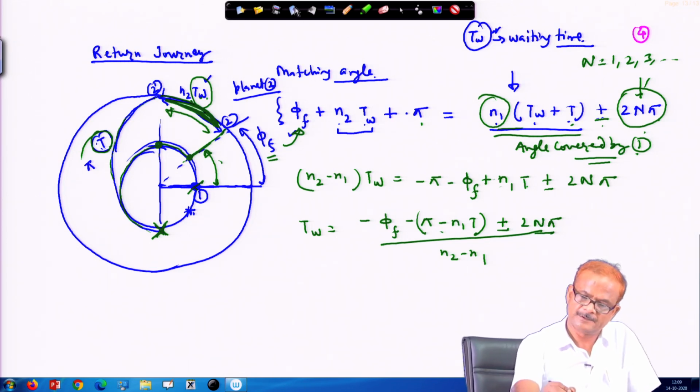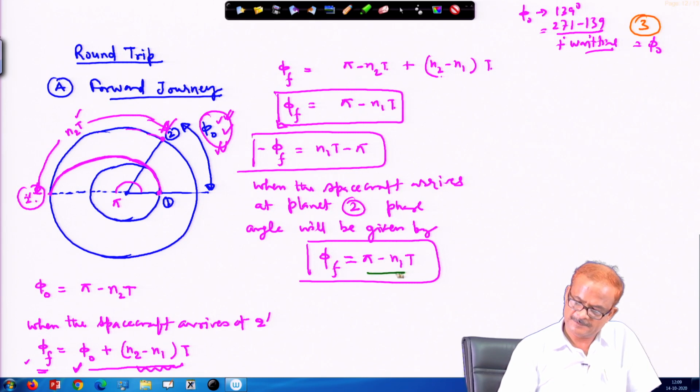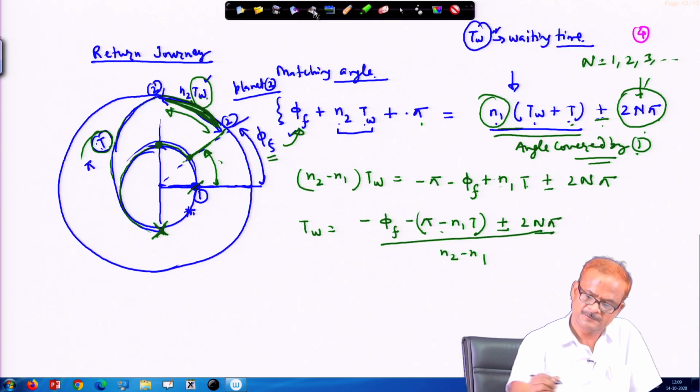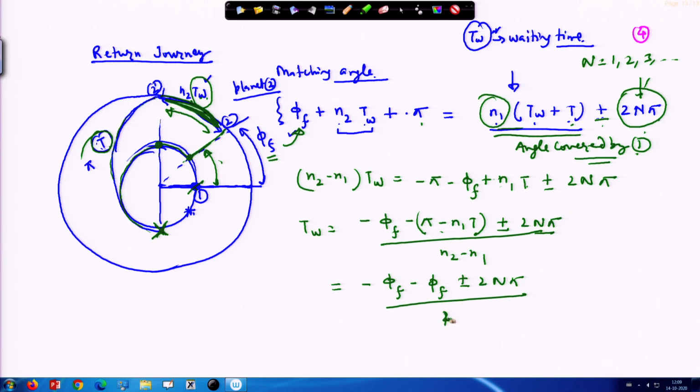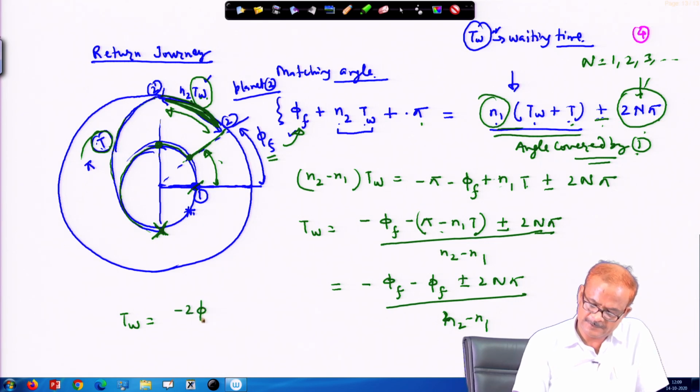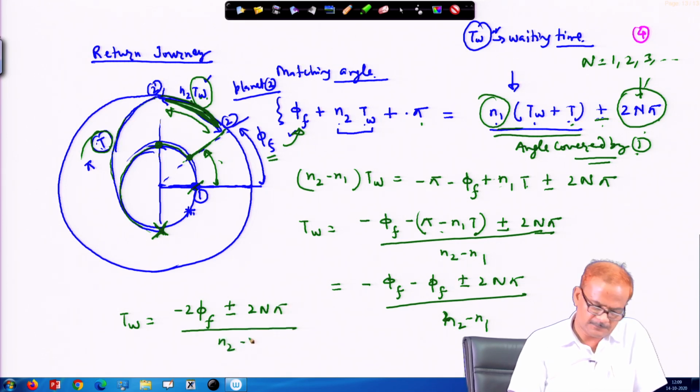Pi minus n1 t, we already have this value here, phi f equal to from the previous derivation. So, this is minus pi minus phi f plus minus 2n pi divided by n2 minus n1. So, T w, the wait time, is then minus 2 phi f plus minus 2n pi divided by n2 minus n1.